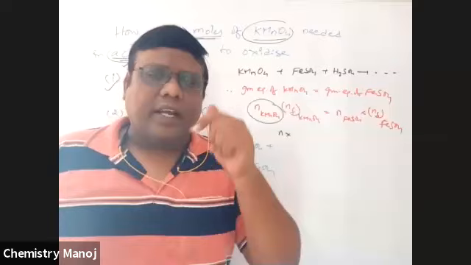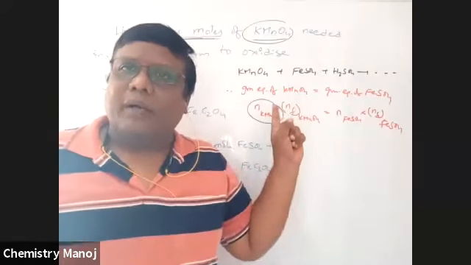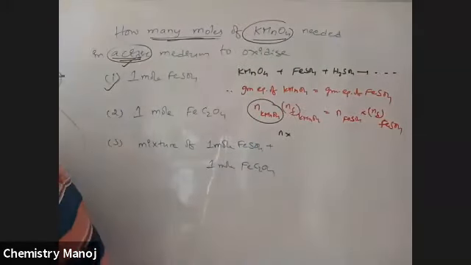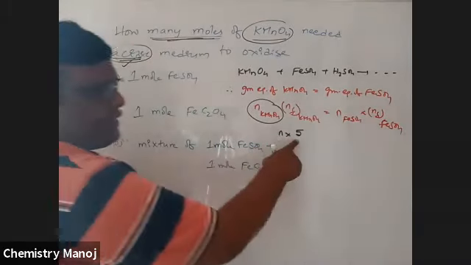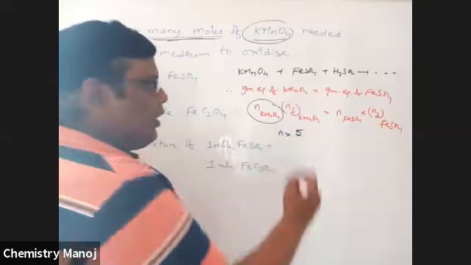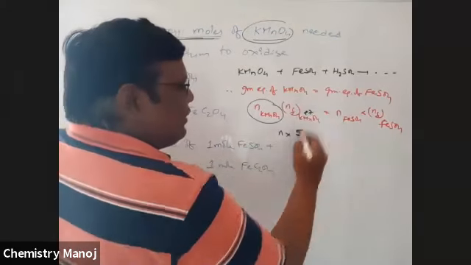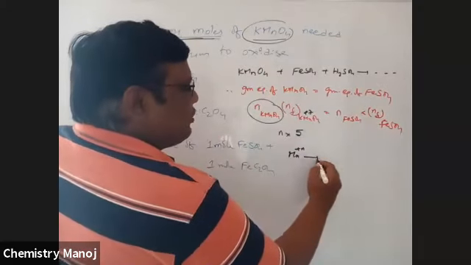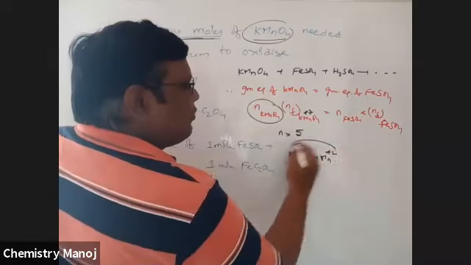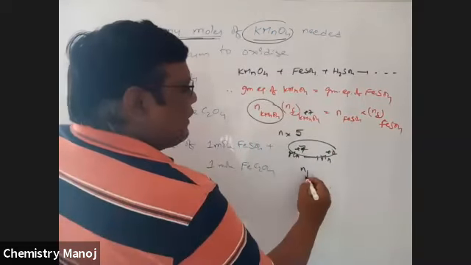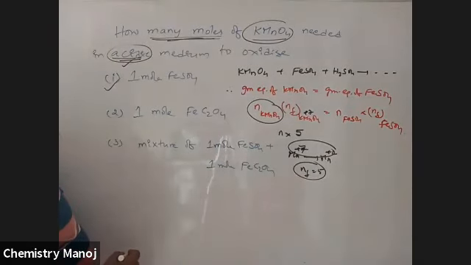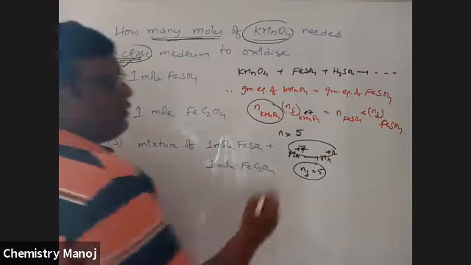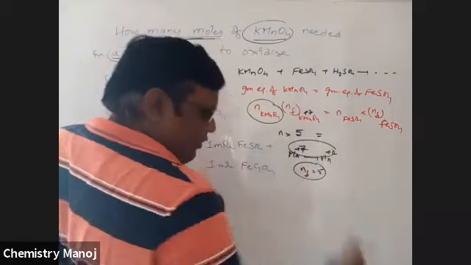In acidic medium Mn plus 7 changes to Mn plus 2, the difference is 5, therefore n factor is equal to 5.